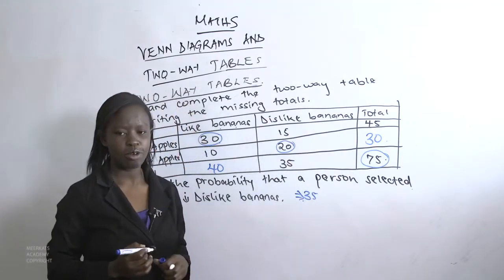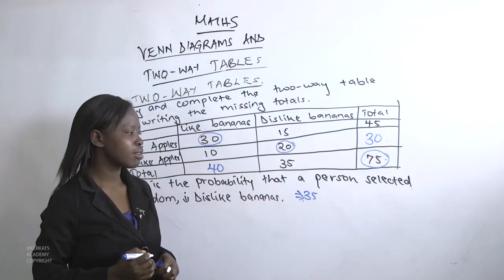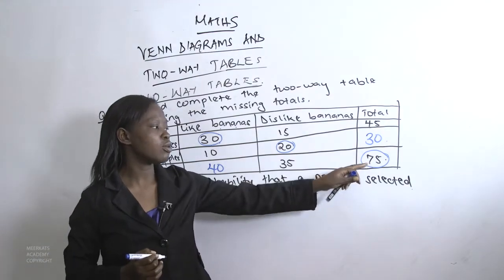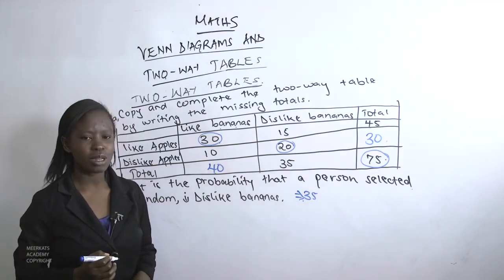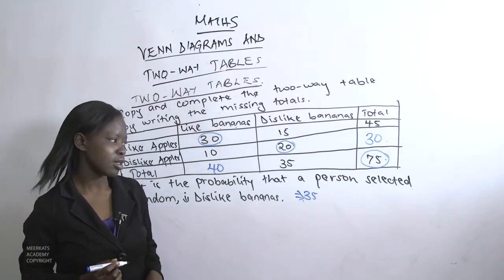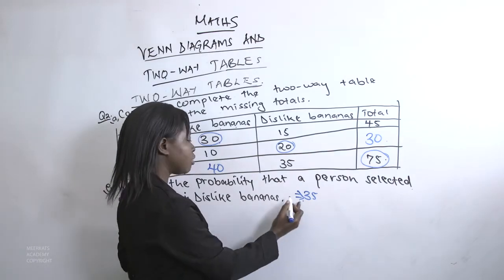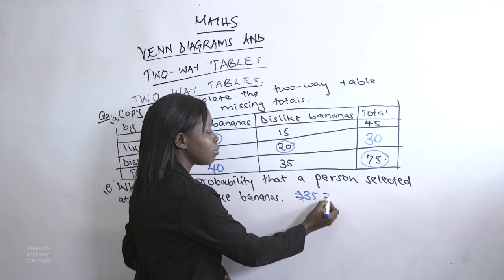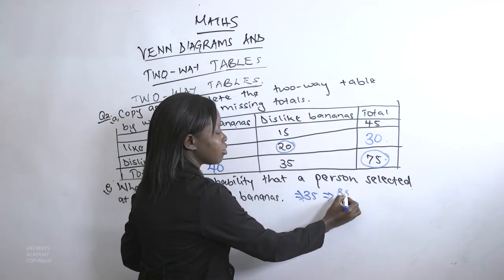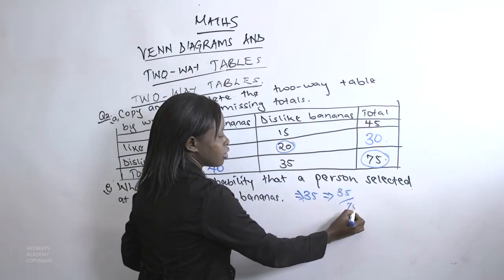So 35 people do not like bananas, and in our survey we have a total of 75 people who participated. So it means the probability of choosing a person who dislikes bananas will simply be 35 out of 75.